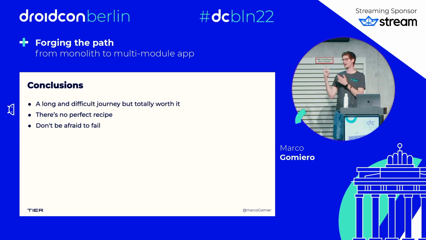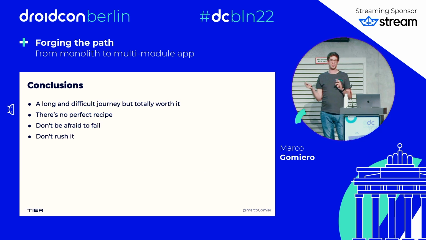For example, for navigation, that was not really the first idea that came out, but it took us a bit of experimentation and talking and documentation to find the perfect solution. Because of that, don't rush it. Don't try to reach 1,000 modules in 2 weeks, because it's not going to happen. You need time.